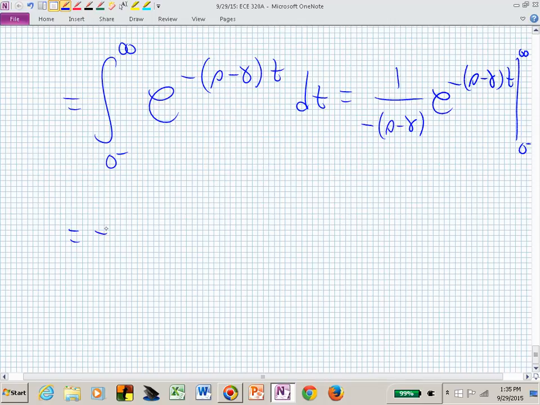Let me pull out the minus sign. Well, what happens at the upper limit? It's 0, isn't it? So now let me just evaluate. So it's 0 minus the lower limit.